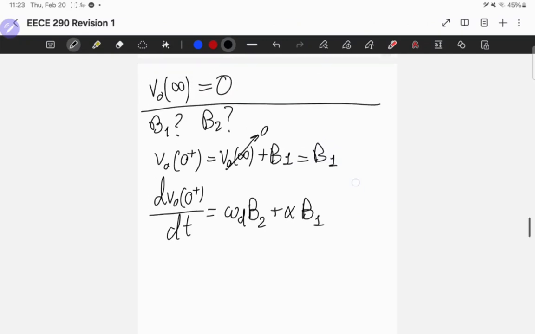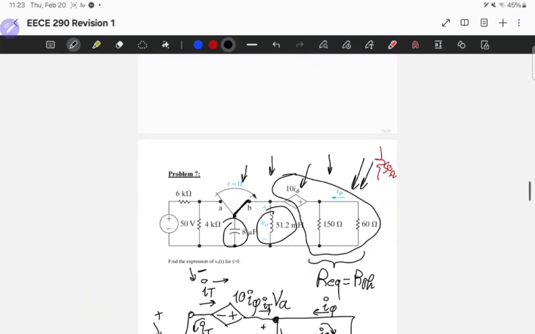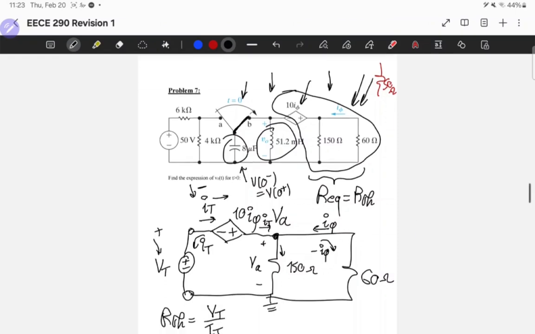So what's V0 at 0 plus? We look at our circuit in here, and if I calculate the voltage across this capacitor at time equal 0 minus, I can carry this over to V at 0 plus because the voltage is continuous across the capacitor, and this will be my V0 plus for the entire circuit because everything is in parallel. So let me get V0 minus for the capacitor.